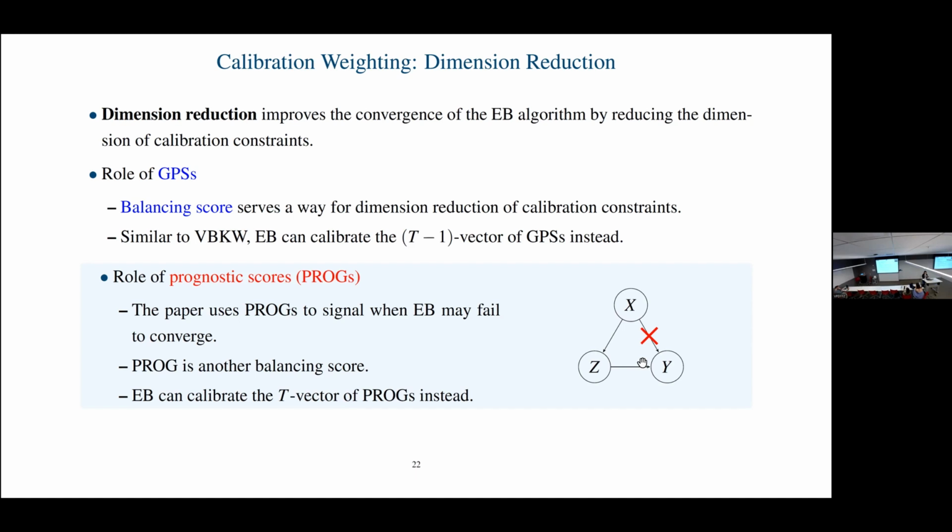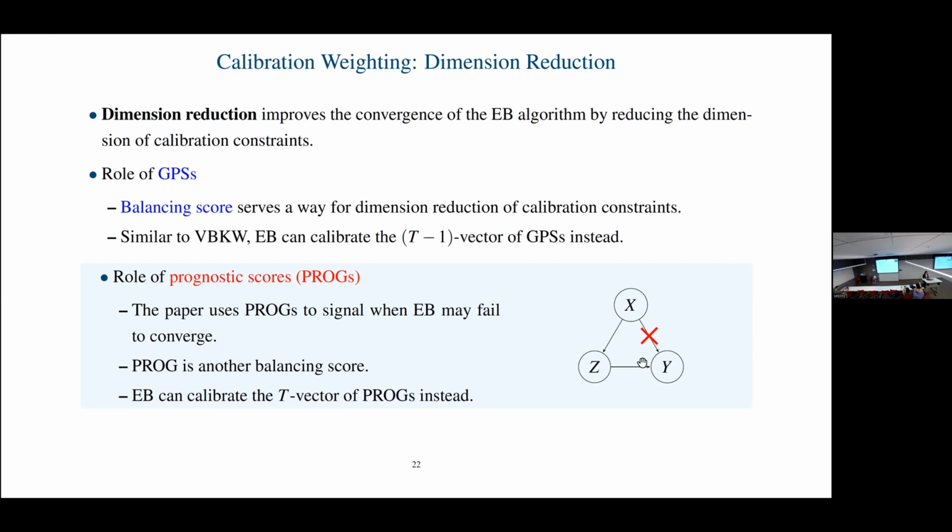So similar to vector-based kernel weighting, entropy balancing can also directly calibrate the generalized propensity score instead of the original covariates. This can resolve the non-convergence issue because we effectively reduce the dimension.